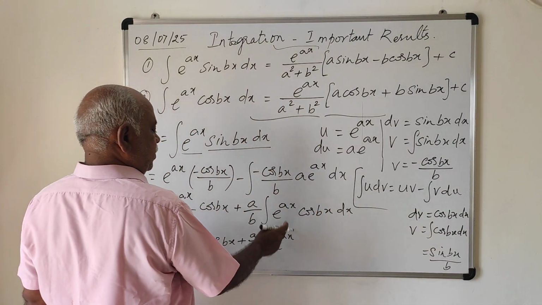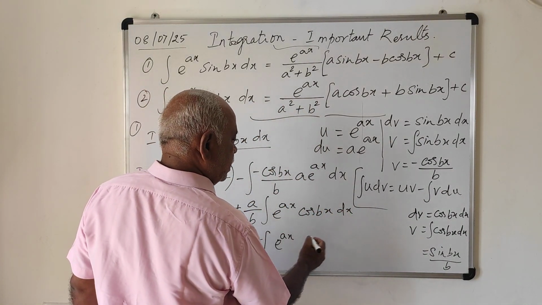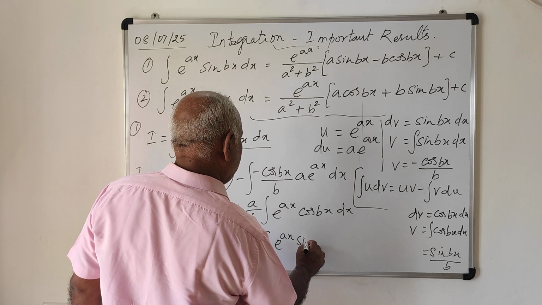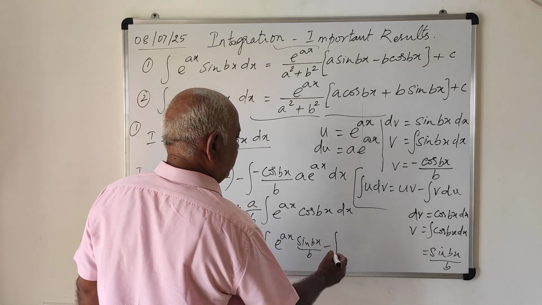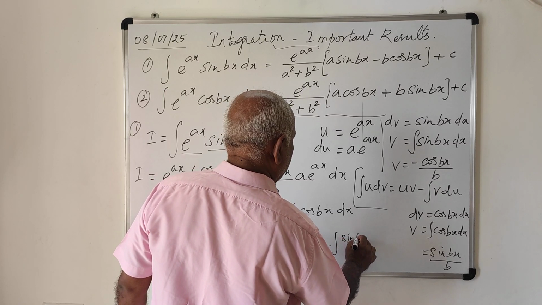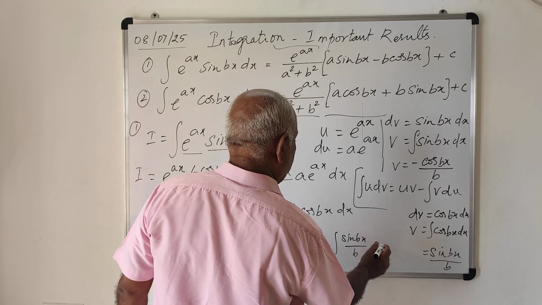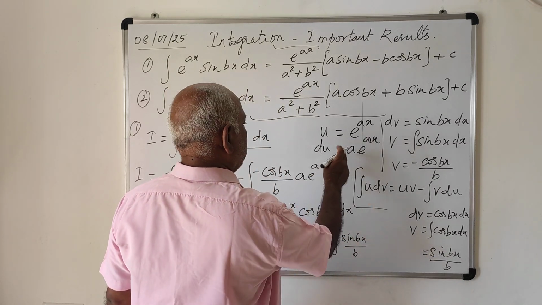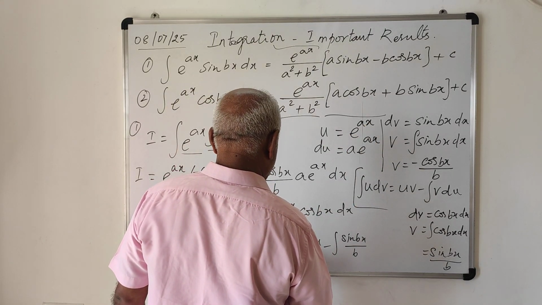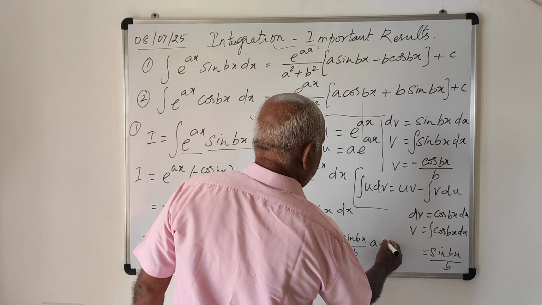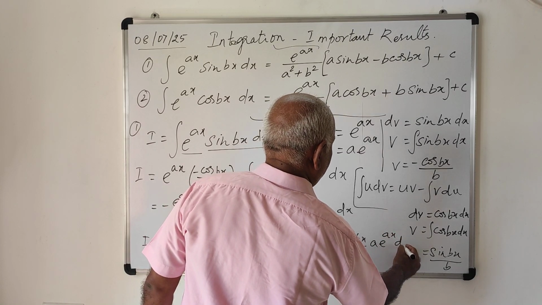So u is e power ax, v is sin bx by b, uv minus integral v, sin bx by b, du is a into e power ax dx.